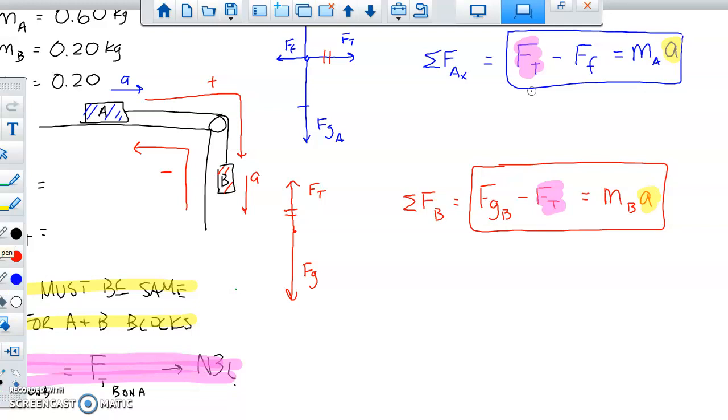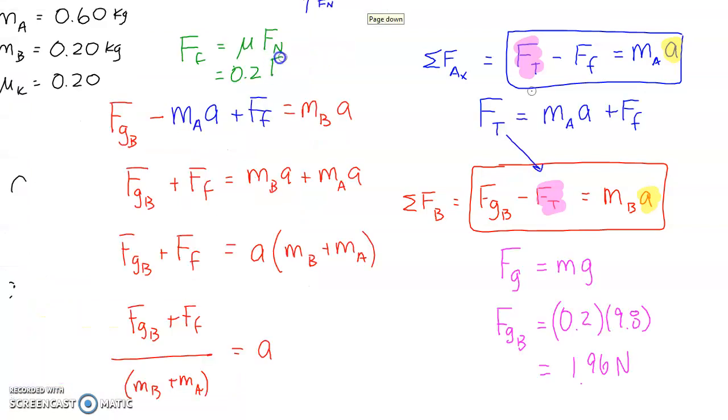So if we can find the force of gravity of A, FGA, then we'll know what the normal force is. The force of gravity A is actually just going to be the mass of A times g, right? And g is 9.8 and the mass of A is 0.6. So when I multiply all three of those things together, I should get my force of friction, which is 1.176.